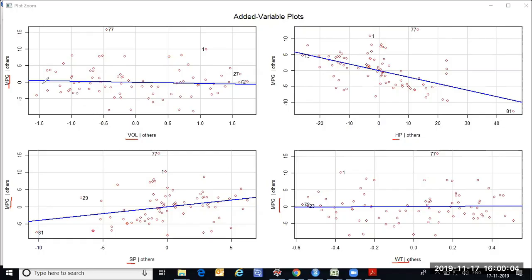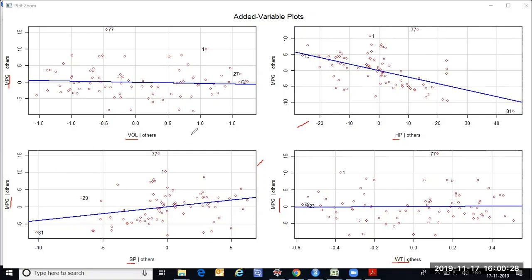Wherever the graph has a slant or a slope, that means that variable is actually helping in the output variable prediction. If you look at the graphs, the second one and third one have a clear slope in those lines.